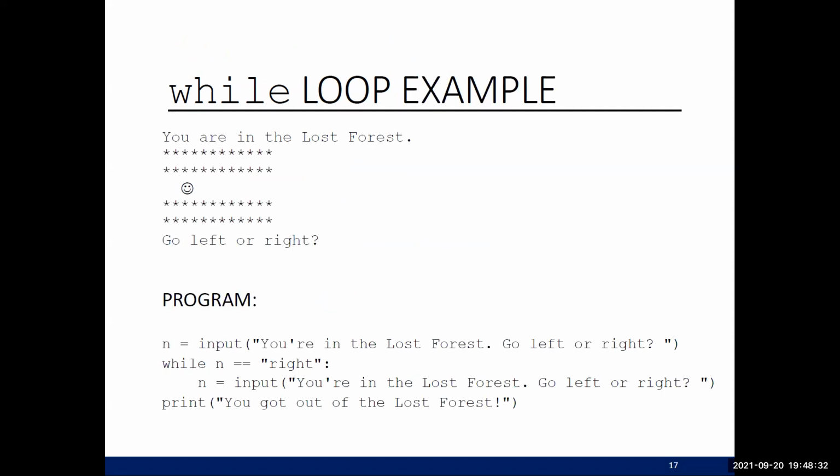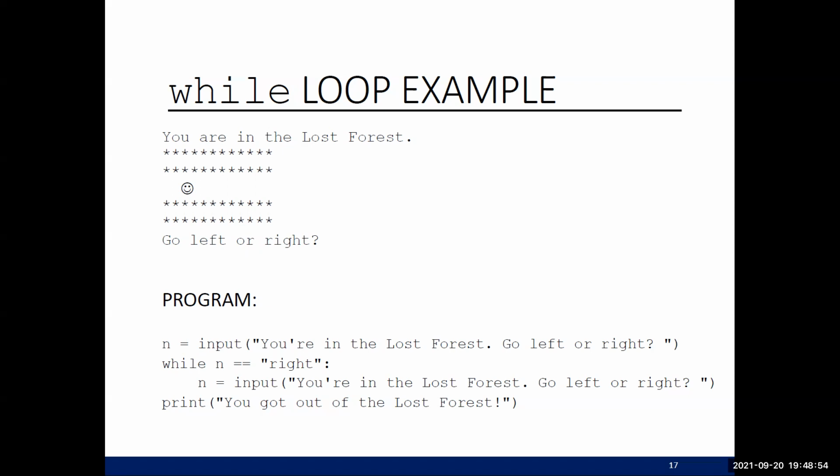So, a while loop example: you are in the lost forest, go left or right. Program: n equals input, you are in the lost forest, go left or right. While n equals right, n equals input, you are in the lost forest, go left or right.